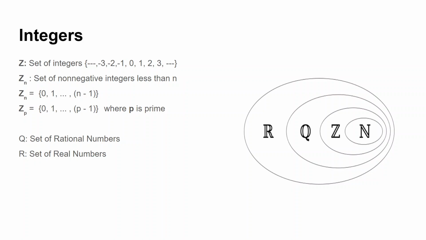To represent the set of non-negative integers less than n, we use the notation Z suffixed by n. And to represent the set of non-negative integers less than a prime number p, we use the notation Zp. Q is used to represent the set of rational numbers, and R is used to represent the set of real numbers.